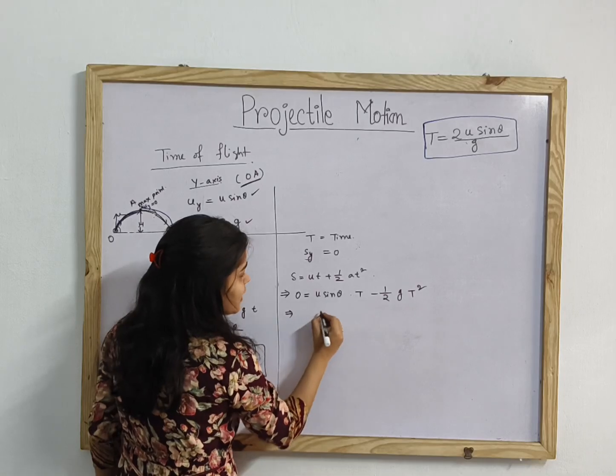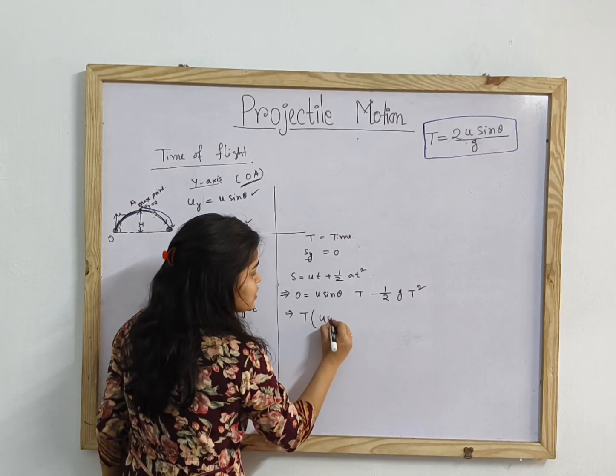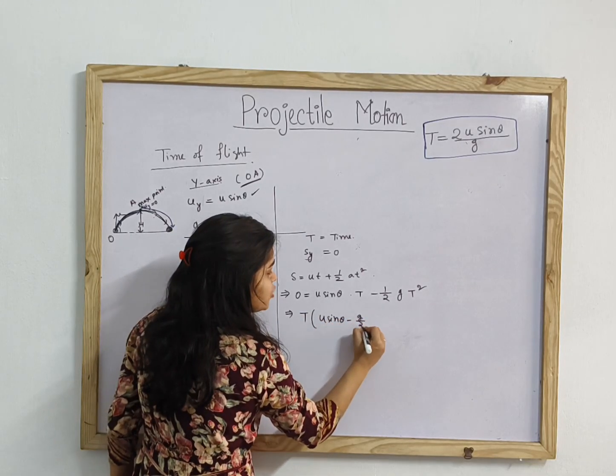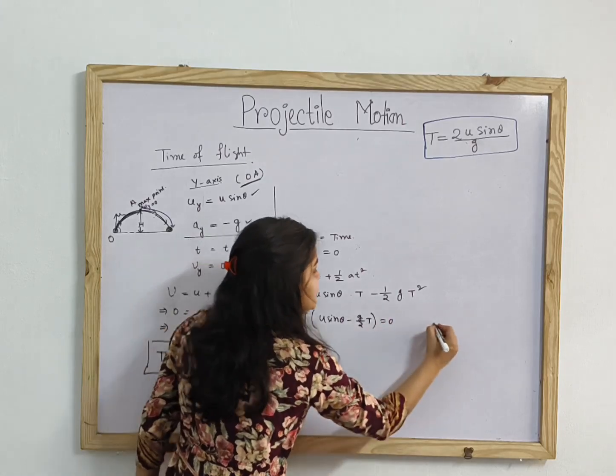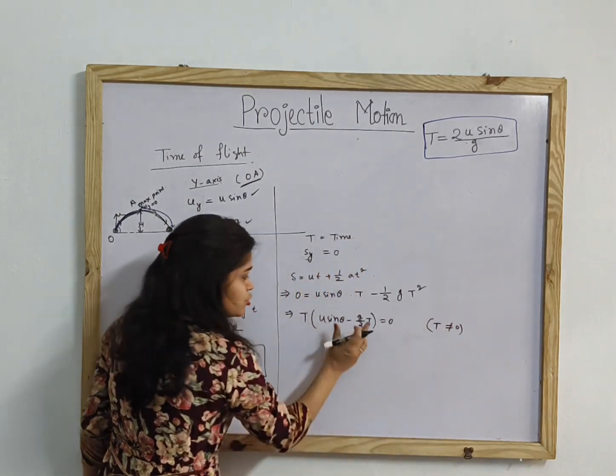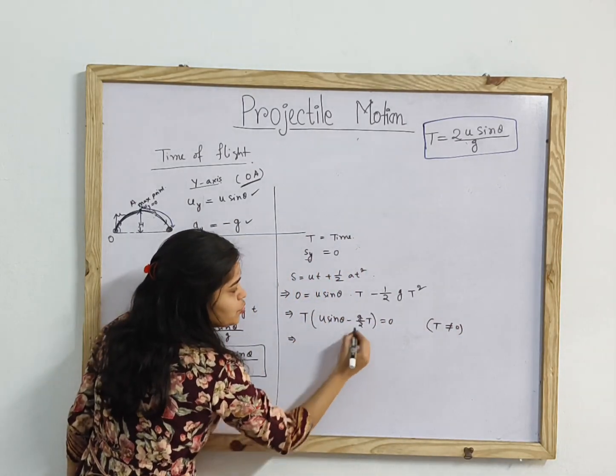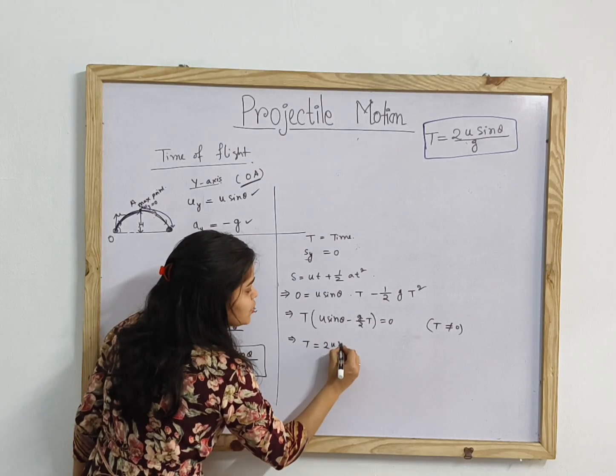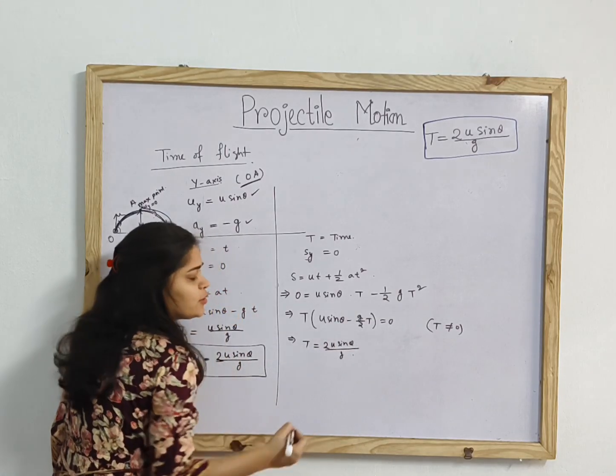Obviously from this you can take T common. u sine theta minus g by 2 into T is equal to 0. Obviously T cannot be equal to 0, so this portion is equal to 0. So you can get T is equal to 2u sine theta by g. So from this you can also get the formula.